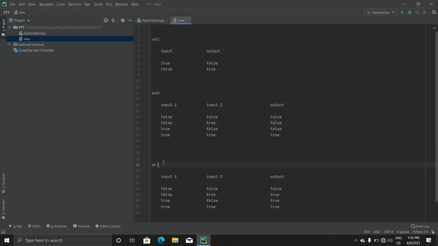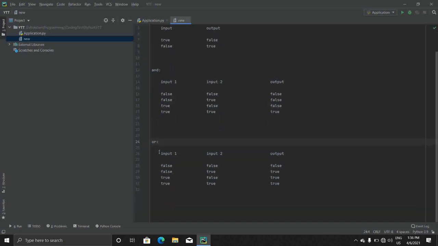Now let's move to the OR Boolean operator. OR Boolean operator also has two inputs and one output, but the output values are different from this AND output. When our two inputs were false, it gives us false. And if our input 1 was false and input 2 was true, it gives us true.